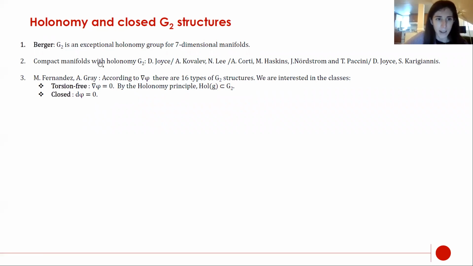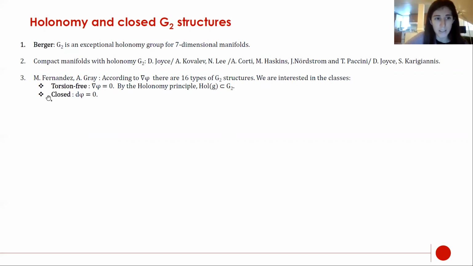But there are other types of G2 structures that are also interesting from the point of view of Riemannian geometry. Fernández and Gray classified G2 structures according to partial differential equations involving the covariant derivative of the three-form. There are 16 types, but we are only going to be interested in two during the talk.